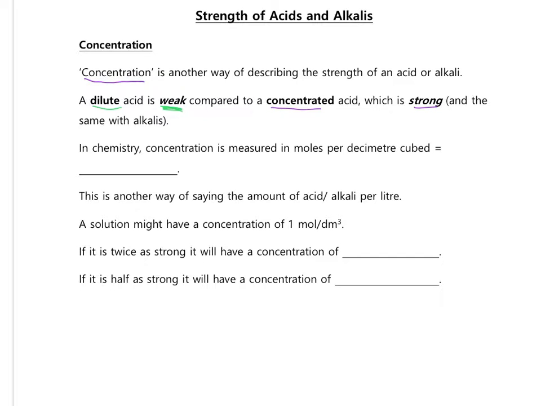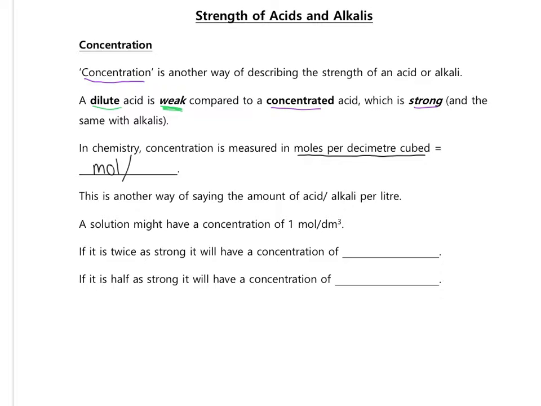And as with anything, if concentration is a measurement, we need a unit for that. There might be units you're unfamiliar with, but concentration is measured in moles per decimeter cubed. You need to be familiar with that. How we represent that is moles, which is mol, per decimeter cubed.